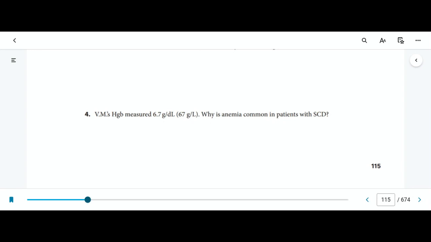It is inherited, yes, and the cells themselves are abnormal and they get destroyed. The cells are fragile and they can get damaged quicker and rupture more easily. And they also die after about 20 days instead of 120 days. So they just don't have a very long lifespan.